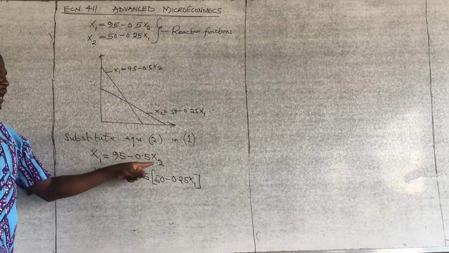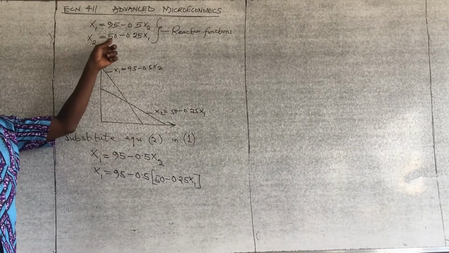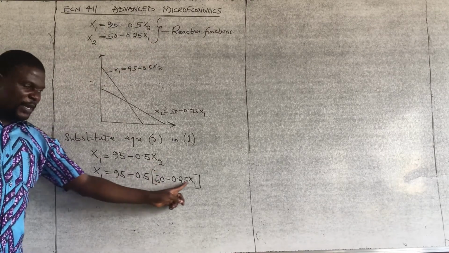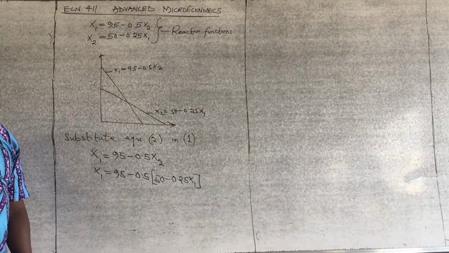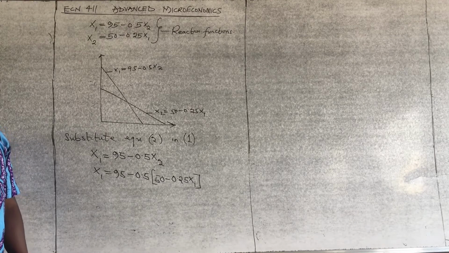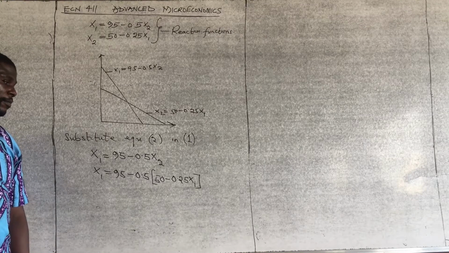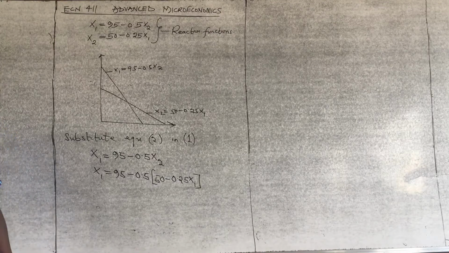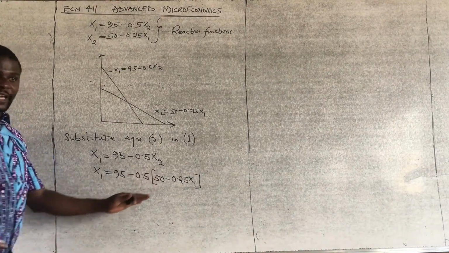Where I had x2, instead of writing x2 there, x2 is 50 minus 0.25x1. Student: I don't understand, I use normal simultaneous equations. If you want to use normal simultaneous, yes, it's the same thing. So now that you have this, can I continue? Is everybody clear with this?